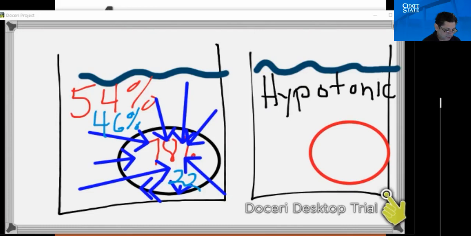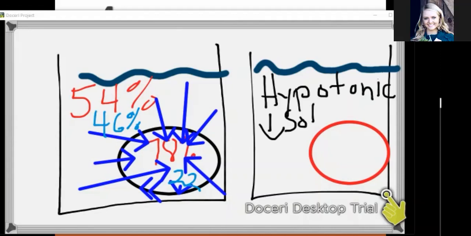Right? Popular question. What does hypotonic mean? It means low solute, doesn't it? You tell me, the picture on the left, did the solution that the cell is sitting in, was it lower in solute concentration or higher? On the left. Lower. The solution was lower, it was 54.